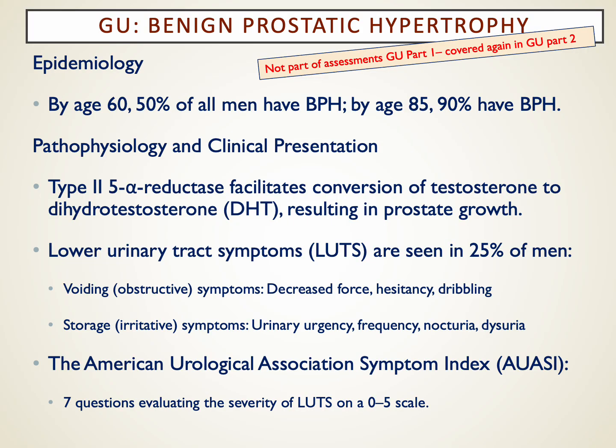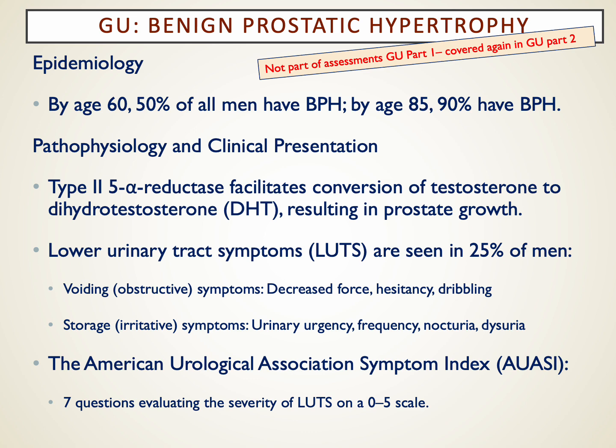Let's look now at benign prostatic hypertrophy, which is pretty common in men over the age of 60. About half of men at age 60 will have some BPH, and by 85 we would expect that almost every man will have it. The pathophysiology and clinical presentation really relate to testosterone, long-term testosterone exposure contributing to an enlarged prostate.